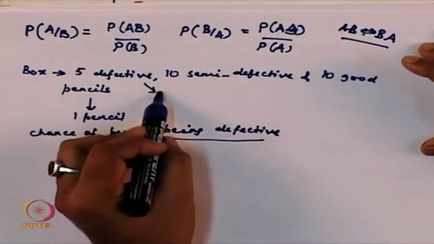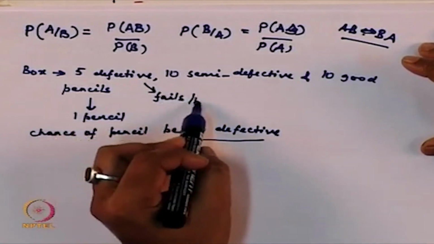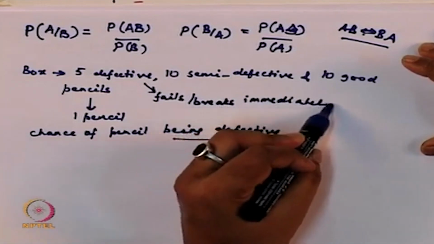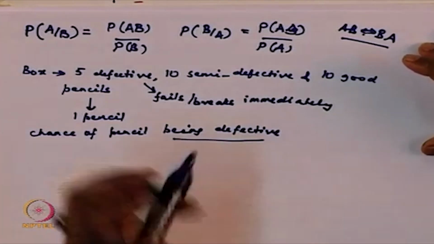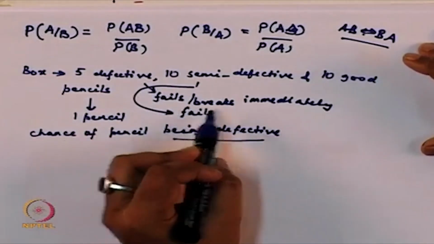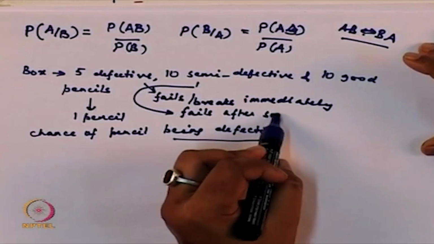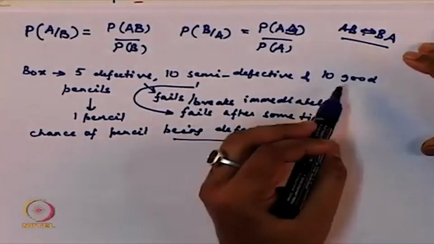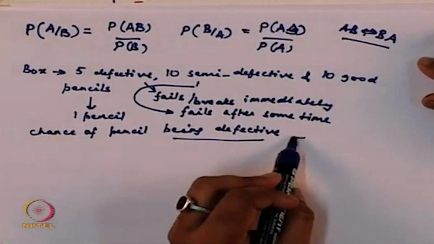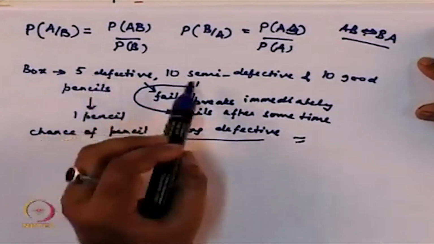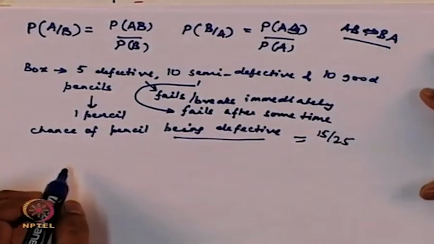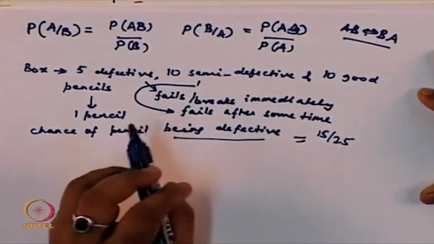So, this one fails or breaks immediately, this one fails after some time, and these ones are good. So, the chance of the pencil being defective is essentially the total number of defective pieces, which is simply 15 by 25. So, you have 15 defective and 10 good.